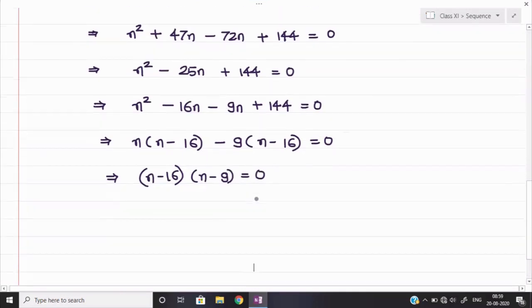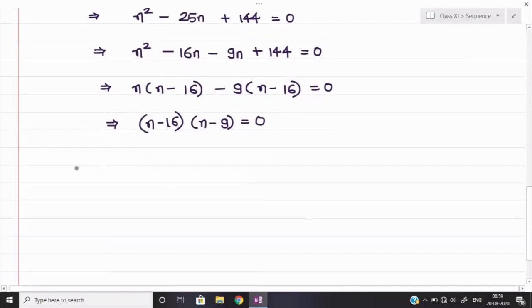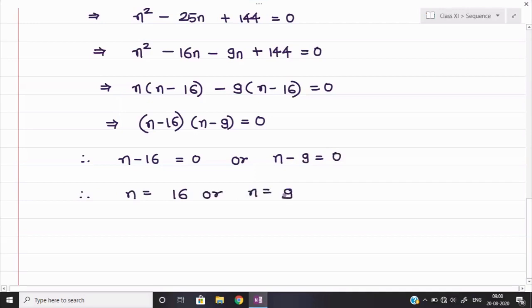Now if I equate both of them to 0, therefore n minus 16 is equal to 0, or n minus 9 is equal to 0. So the value of n will be 16, or the value of n is 9.